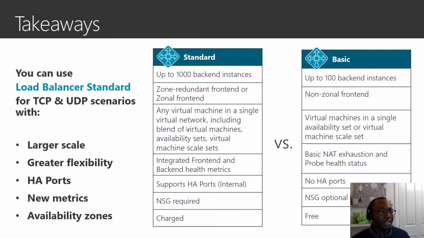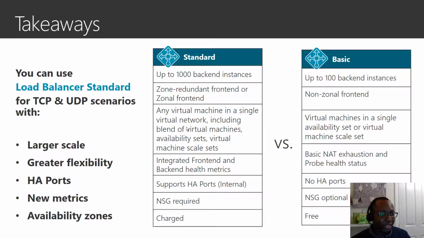Understand these differences. The standard load balancer, we can have up to 1000 backend instances. We can configure it either as a zone redundant front end, or we can give it a specific zone of front end by specifying the standard IP to a particular zone if you wanted to.